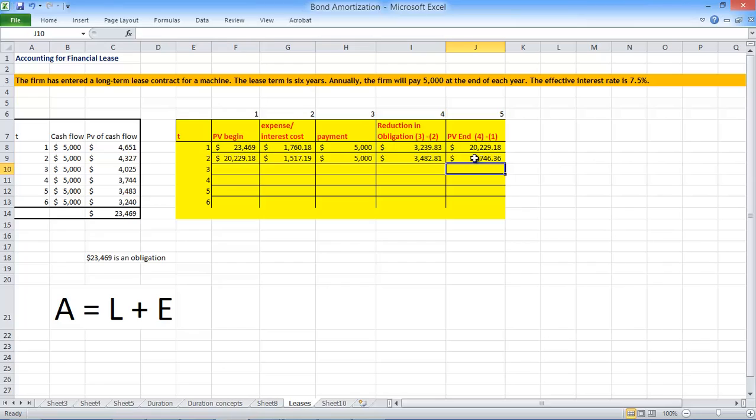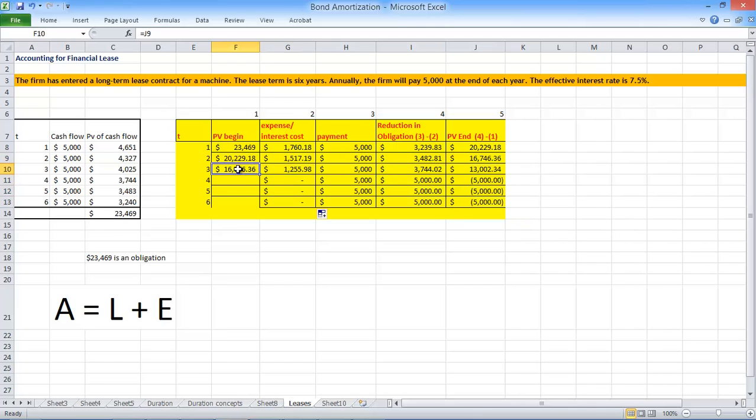And this ending book value of year two will become the beginning book value of year three, and you have an interest expense of 0.075, and you can just calculate and see what happens.